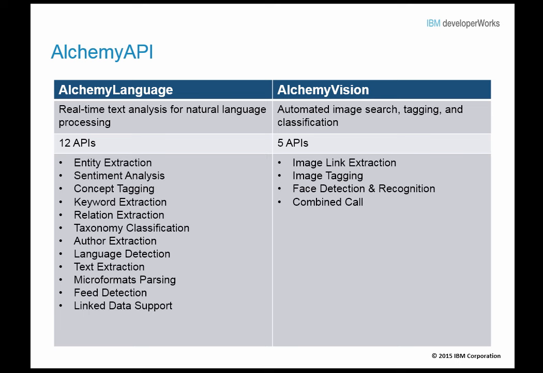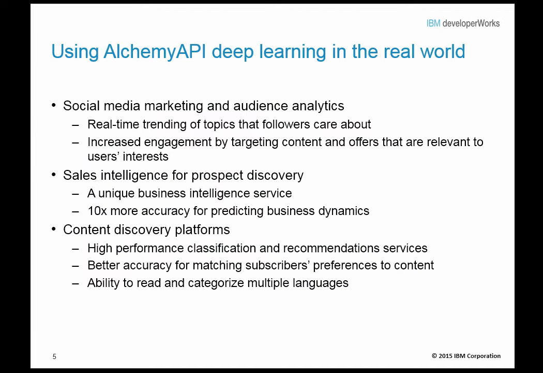Alchemy API's combined call makes it faster for users to analyze a single piece of content with multiple text and image analysis features. Also, Alchemy API offers SDKs for Java, Perl, Ruby, Python, PHP, C, C++, C#, Node.js, and Android platform.